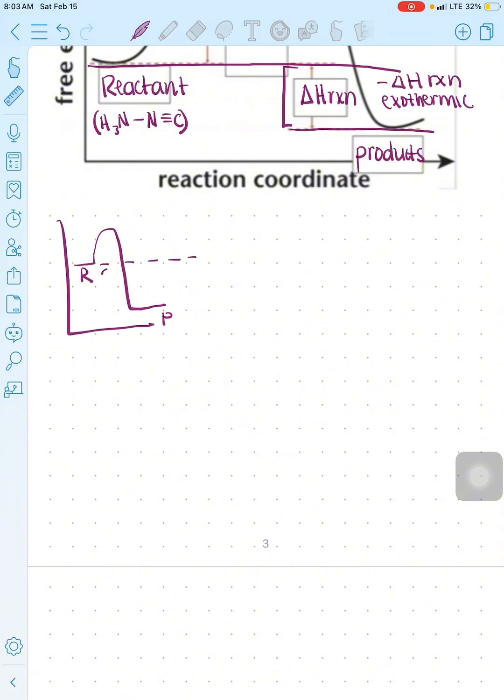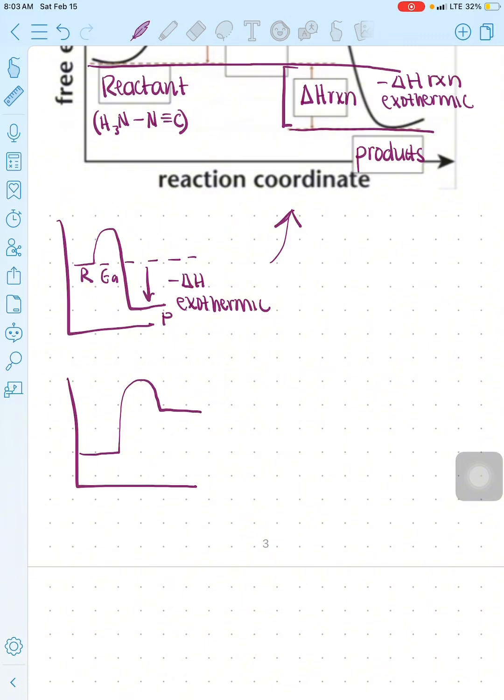This little gap in between makes it negative delta H, just like the original example, exothermic, because it's going downwards.